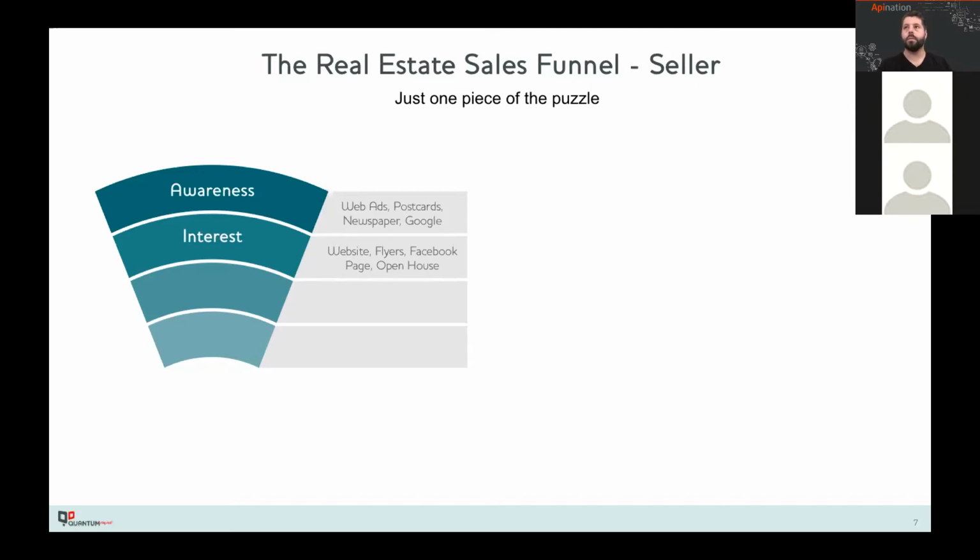So an additional best practice would be to have a lead gen opportunity on everything that you do, because something as simple as a QR code or a lead capturing URL could be the difference between following up with somebody because you have that lead, and then them choosing you to list their home, and just missing that opportunity altogether.